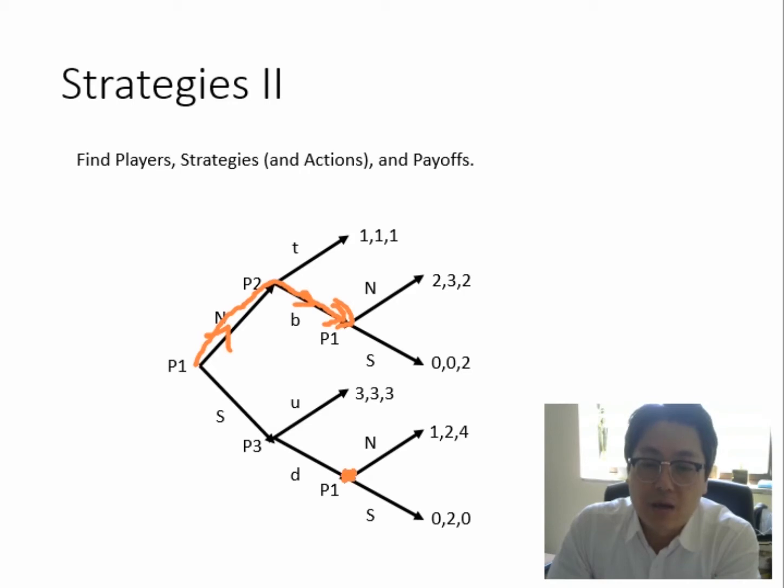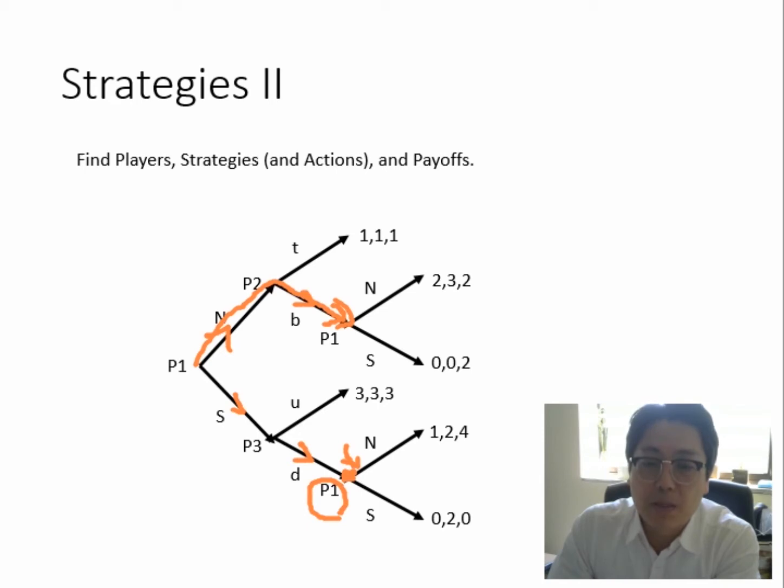In other words, the game should have passed this node and branch so that player 1 can have a chance to play.